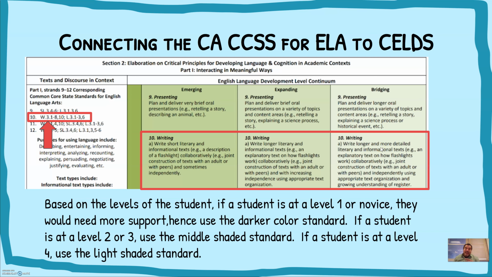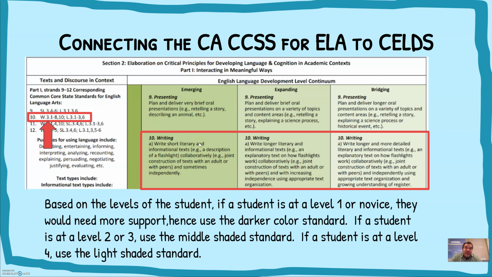Keep in mind, depending on the level of students that you have, the more support the student needs, the darker the color. The less support the student needs, the lighter the color would be. So for example, if you have a level 1 student, either a newcomer, international student, or a student who is testing at a level 1, we would use the emerging standard or the darker standard.